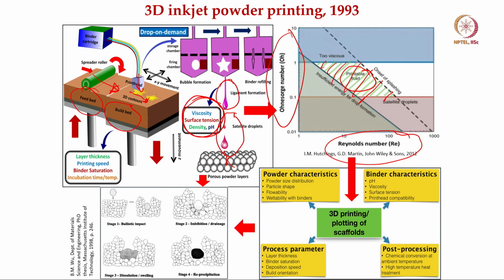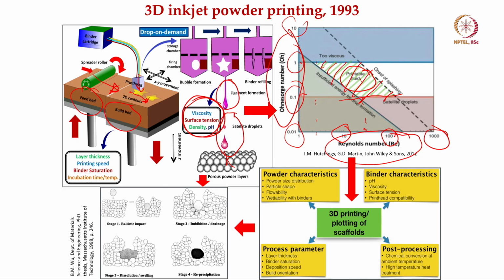Here you can see the Reynolds number is somewhere between 2 or 3 up to 30 or 40, because this is a log scale: 1, 10, 100, 1000. The Ohnesorge number is also plotted on a log scale. So the Reynolds number varies up to 30 or 40, and the Ohnesorge number varies from 0.1 to 1.